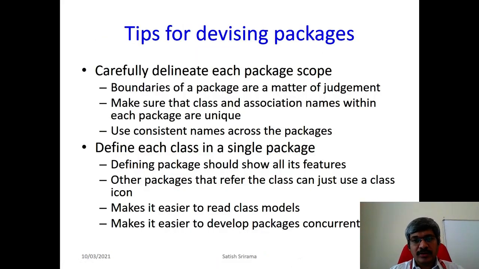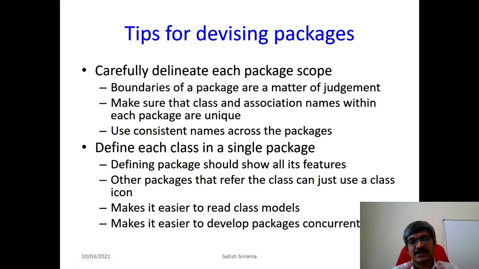So when you are designing these packages, carefully delineate each package scope. Again, boundaries for a package are just a matter of judgment. Over the years you will gain enough experience and expertise, and then you will be designing ideal packages. Of course, no first solution is perfect in that sense. But make sure that the class and association names within each package are unique.